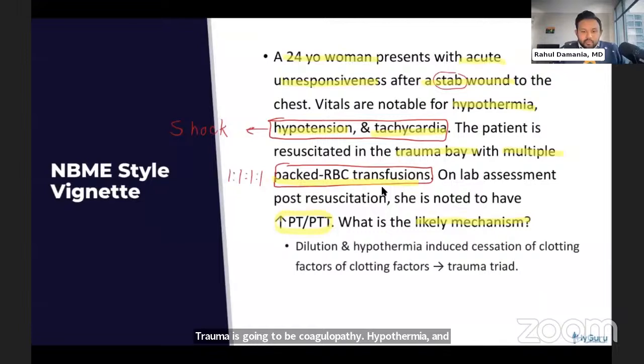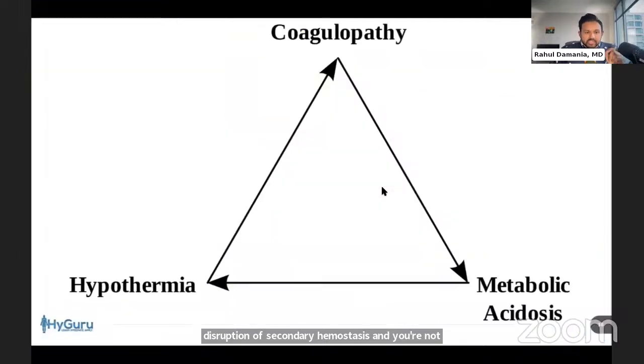So in resuscitation, when you give too many PRBCs, you can get dilution of the coagulation factors that are going to then give you the elevated PT-PTT. Hypothermia is also going to cause you to have disruption of secondary hemostasis, and you're not going to have good clotting factors. So just to review the trauma triad, you're going to be thinking of coagulopathy, metabolic acidosis, and hypothermia.